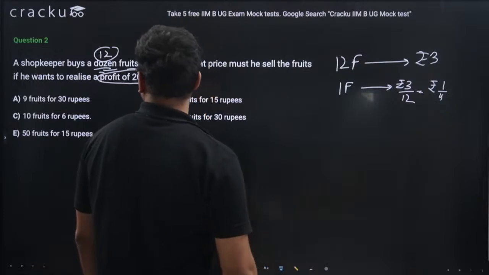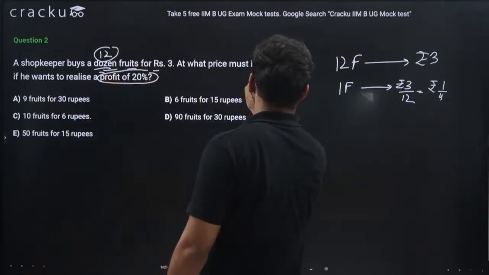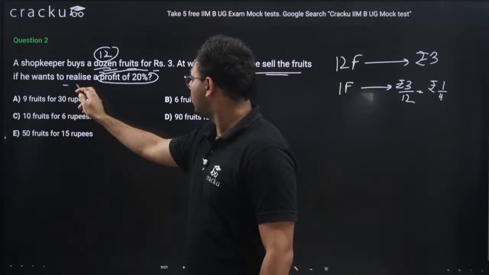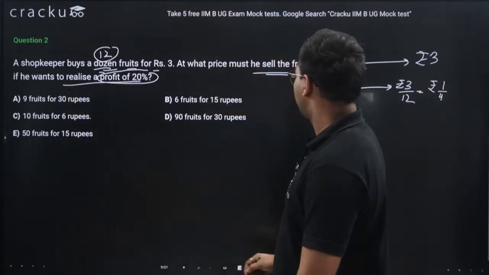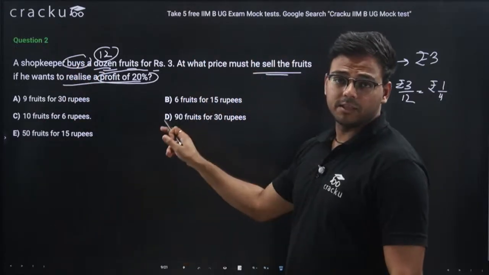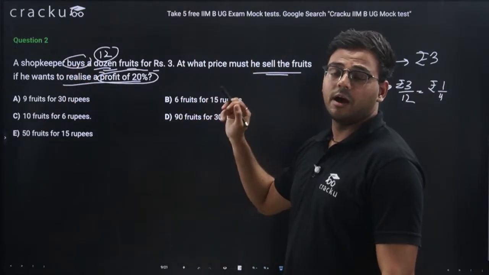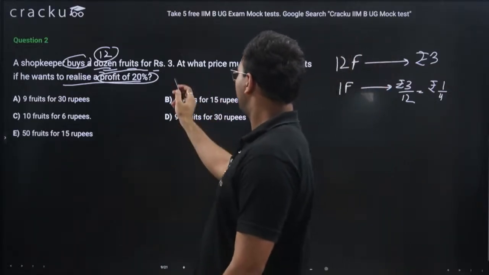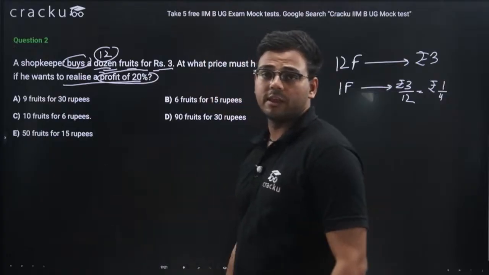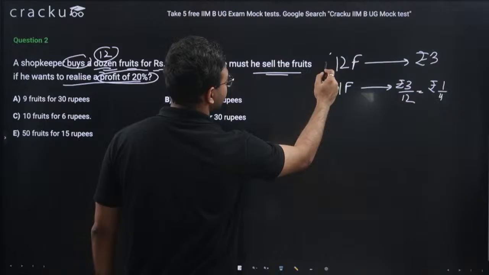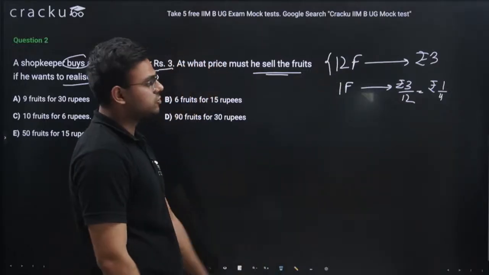Now it is given: at what price must he sell the fruits if he wants to realize the profit of 20%? A shopkeeper buys. This rupees 3 for 12 fruits is the amount paid by the shopkeeper.